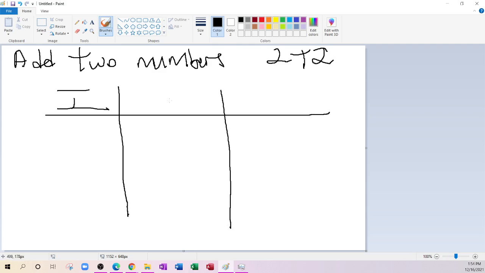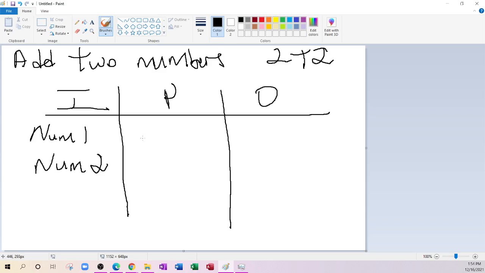So this is input, this is processing, this is output. What would be on the inputs? The two numbers, number 1, number 2. Good. So number 1 and number 2. So that's our input. We're inputting two numbers here.